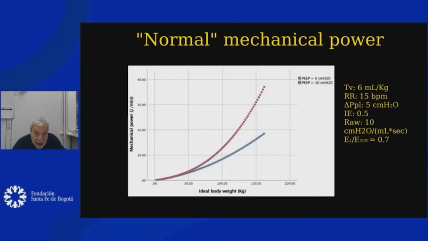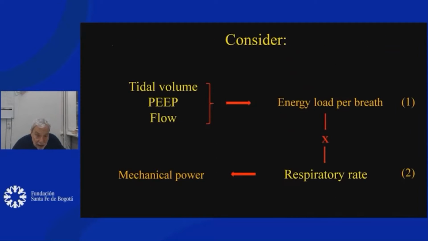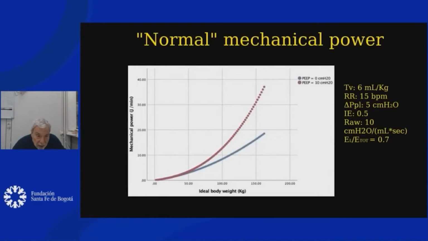This is the ideal case, and we have something like 5, 6 joules per minute.